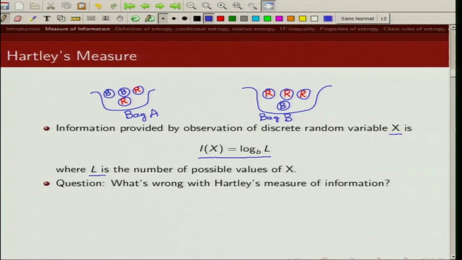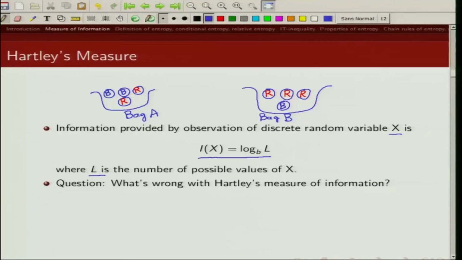Now according to Hartley's measure of information, in bag A there are 2 possible outcomes. What I am doing is, I have a bag of these balls and I am picking up a ball and I am showing you the color of the ball, right? So according to Hartley, in bag A there are 2 possibilities. You can either get a blue ball or you can get a red ball.